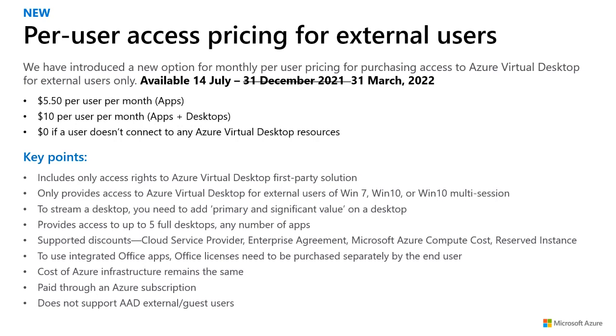To stream a desktop, you need to add primary and significant value on the desktop. The cost of Azure infrastructure remains the same. You pay through your Azure subscription, and it does not apply. It does not support Azure Active Directory external or guest users on this kind of licensing for the environment.